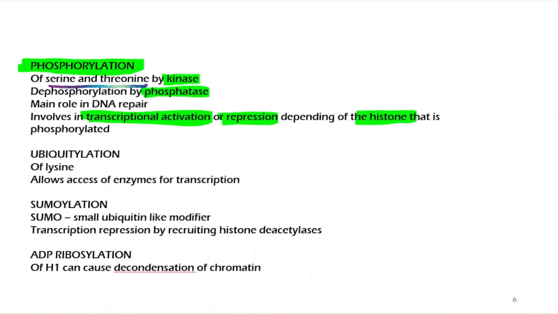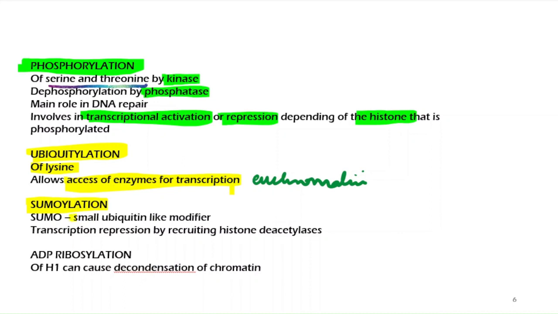The next one is ubiquitination, which means ubiquitination of lysine. The addition of the ubiquitin protein to the lysine residues allows access for enzymes for transcription. So it is going to stabilize the euchromatin formation. Next is sumoylation. What is SUMO?